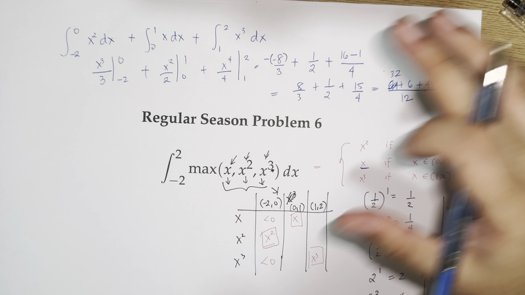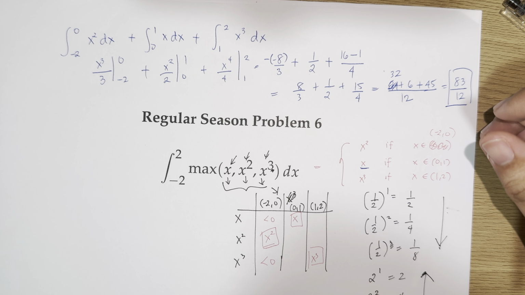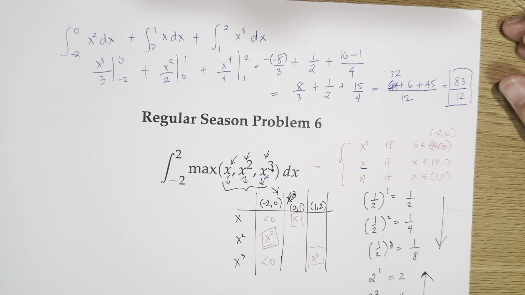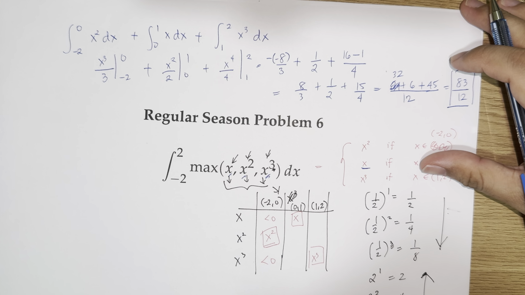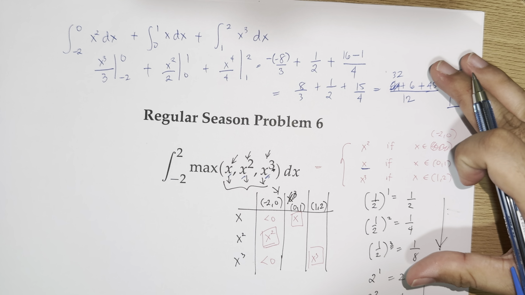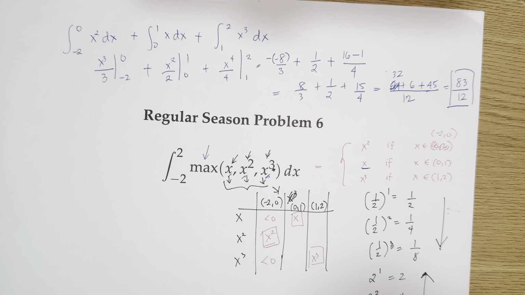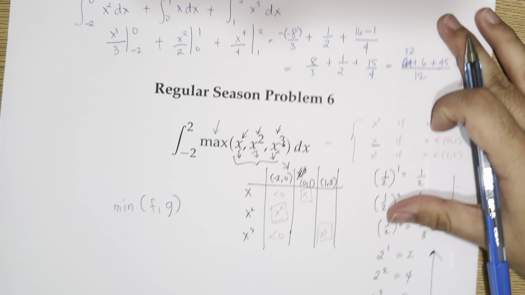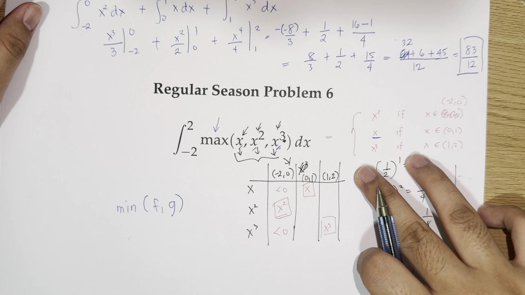So again, just to recap, what we did here is we examined the value of the three functions on several intervals to conclude what the value of the maximum is for each of those three intervals. And that's a general solution when you encounter problems like this max function. The same is true when you deal with the min function. So you just have to examine what is the minimum value on several intervals.